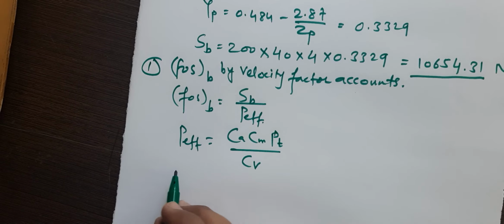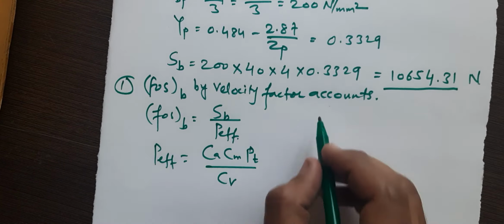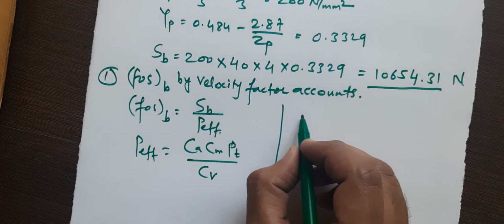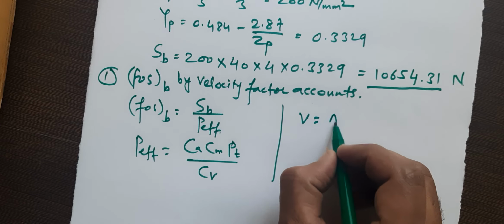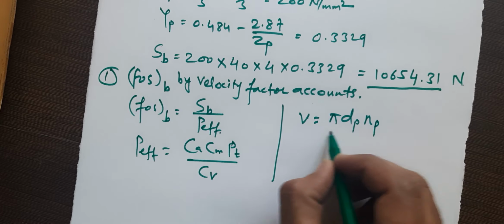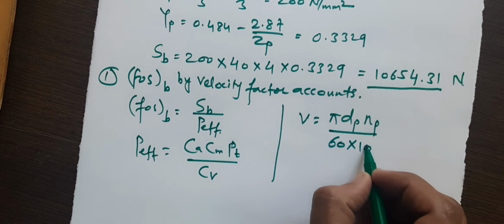So first we will calculate the pitch line velocity. Pitch line velocity V is equal to pi dp np divided by 60 times 1000.